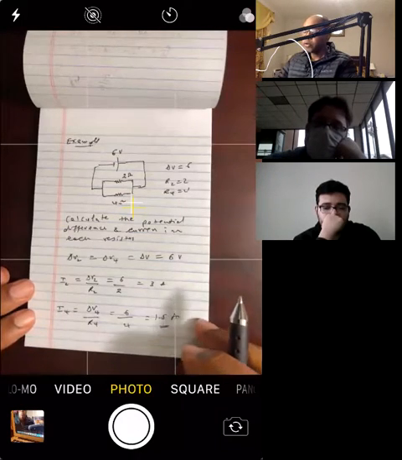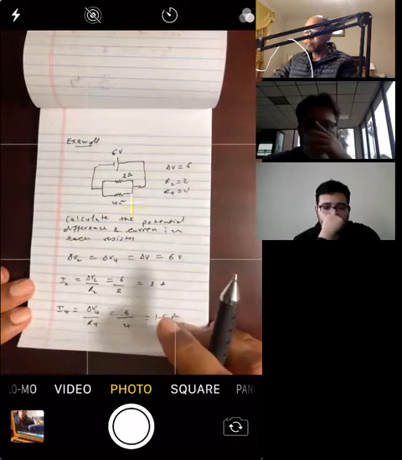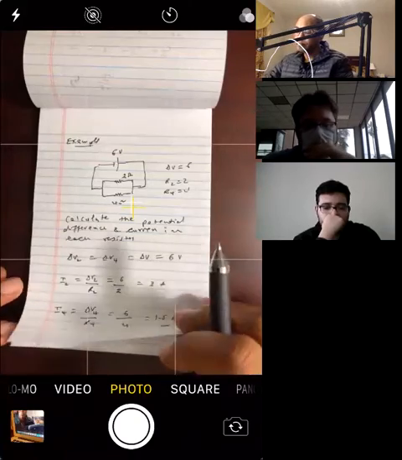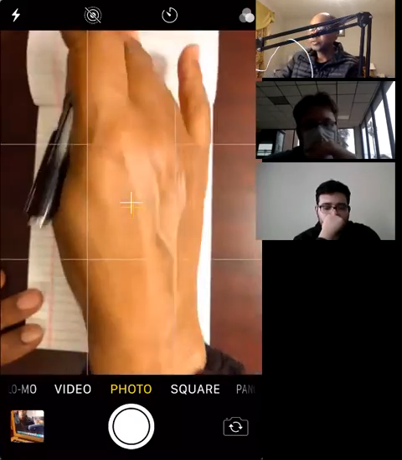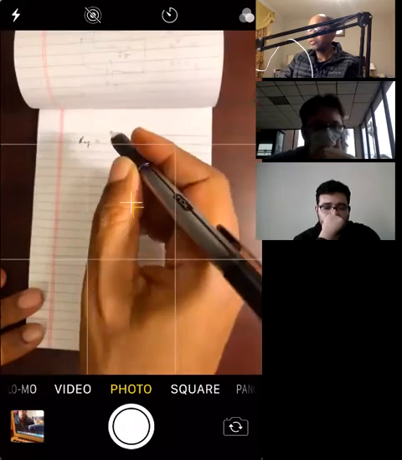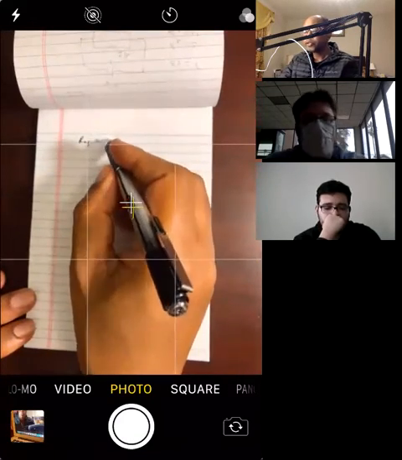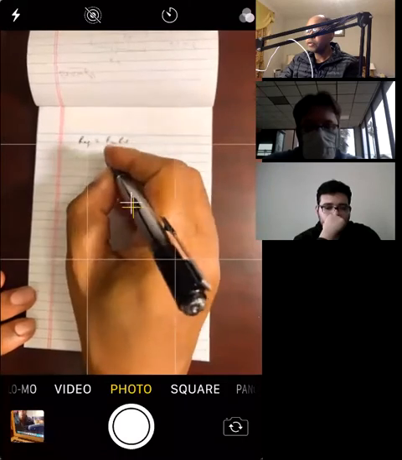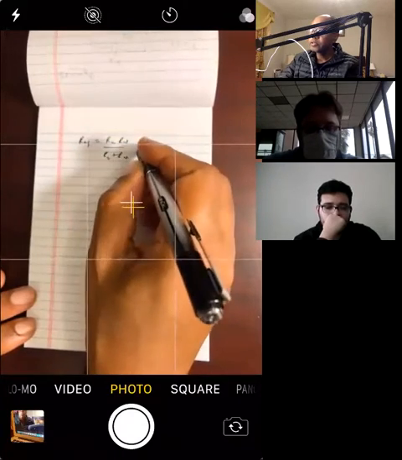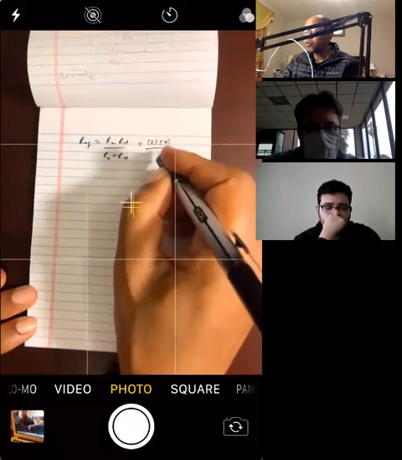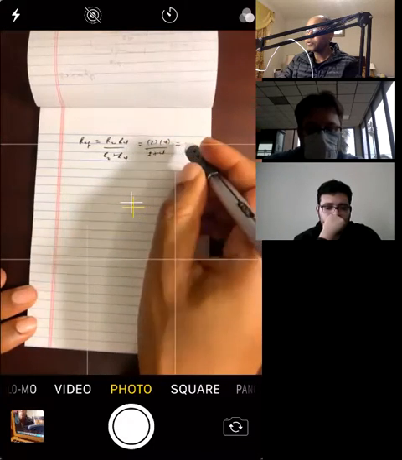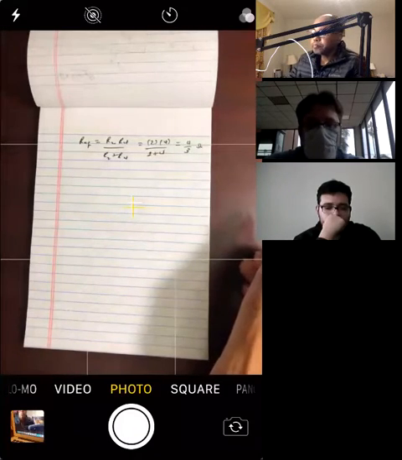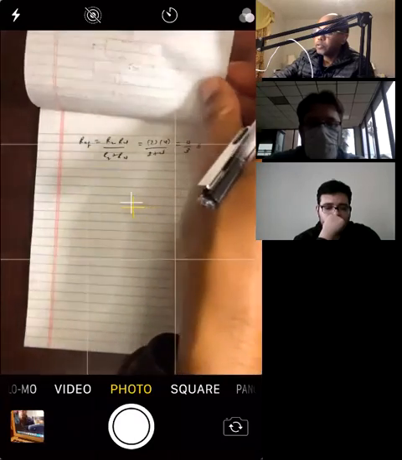Now, if you want to calculate another way, you can calculate the equivalent resistance first. How do you calculate Req? It's product over sum, right? So it will be R2 times R4 divided by the sum of the resistors. So it'll be 2 times 4 over 2 plus 4, that's 8/6, or 4/3 ohms. And from that, of course, you can calculate the total current.